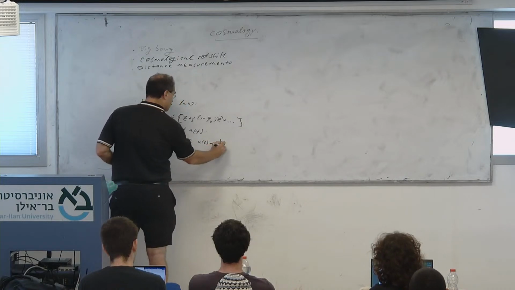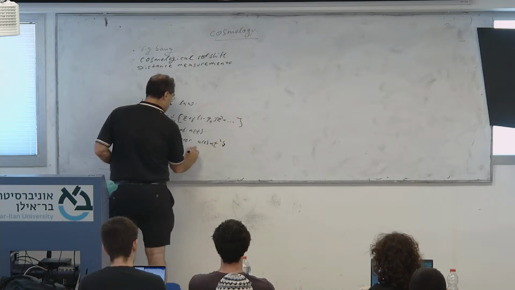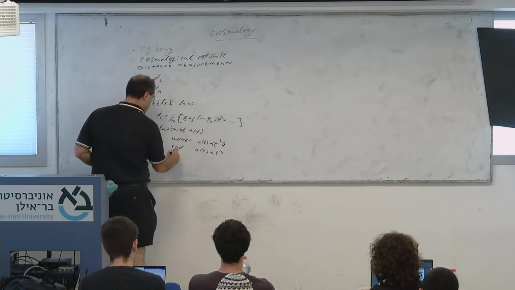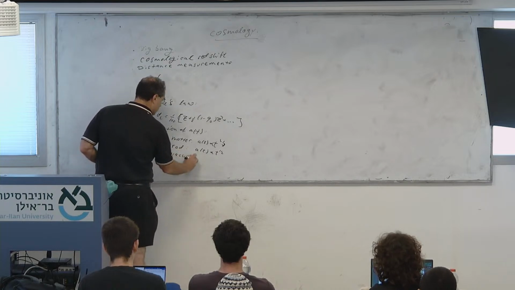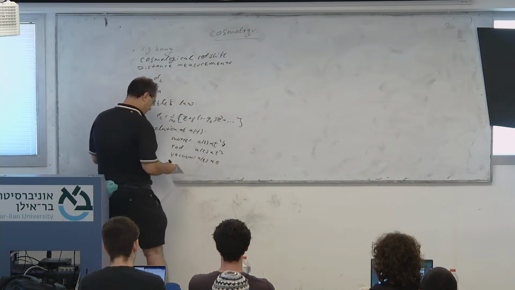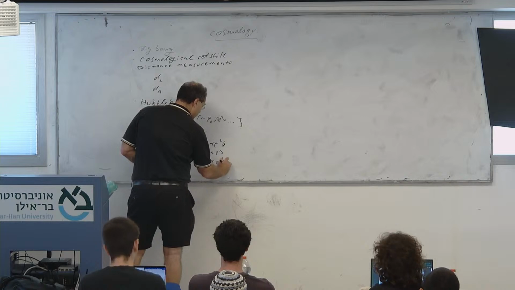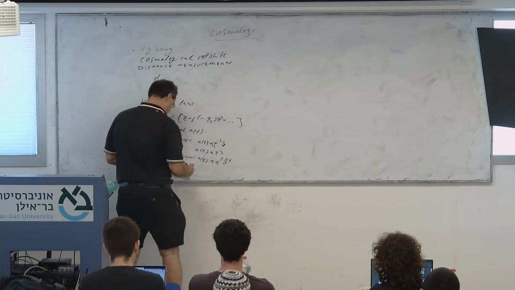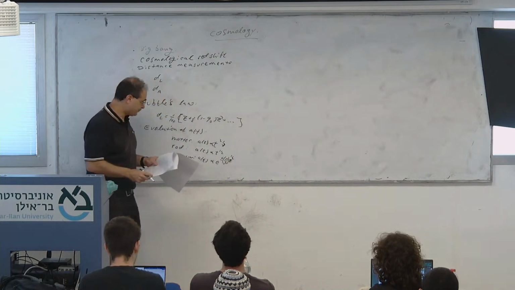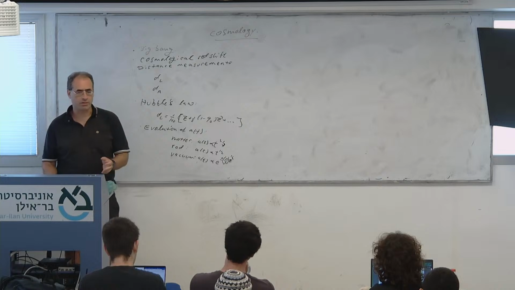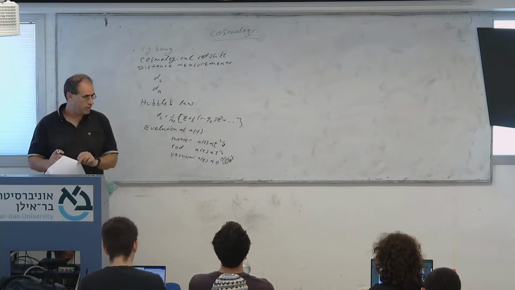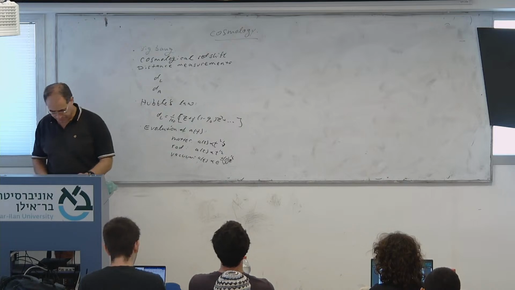For a radiation-dominated universe, a(t) goes as t to the 1/2. And for lambda vacuum, essentially exponential, a to the power plus or minus (lambda over 3) to the 1/2, for a flat universe. Of course, it's slightly more complicated because the universe is not only that, but the basic idea should be clear.